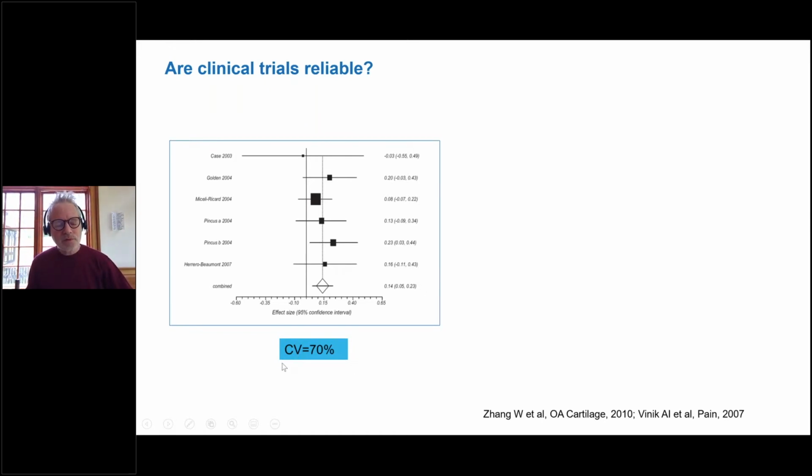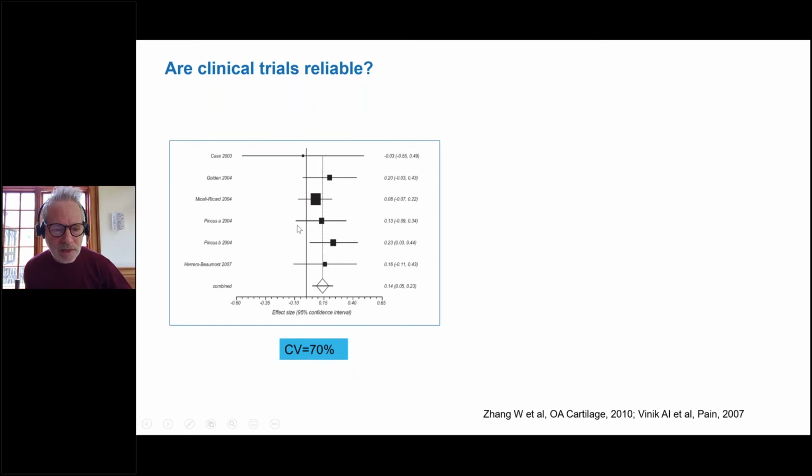And if you use standard metrics for the measurement of reliability of any measurement instrument, and I'm considering each one of these trials a measurement instrument, you can look at coefficient of variation, you could look at range, you can look at standard deviation, you can look at it in all these standard ways. You can see that no matter how you measure it, the reliability of clinical trials is poor. And you might even use the term inexcusably poor.